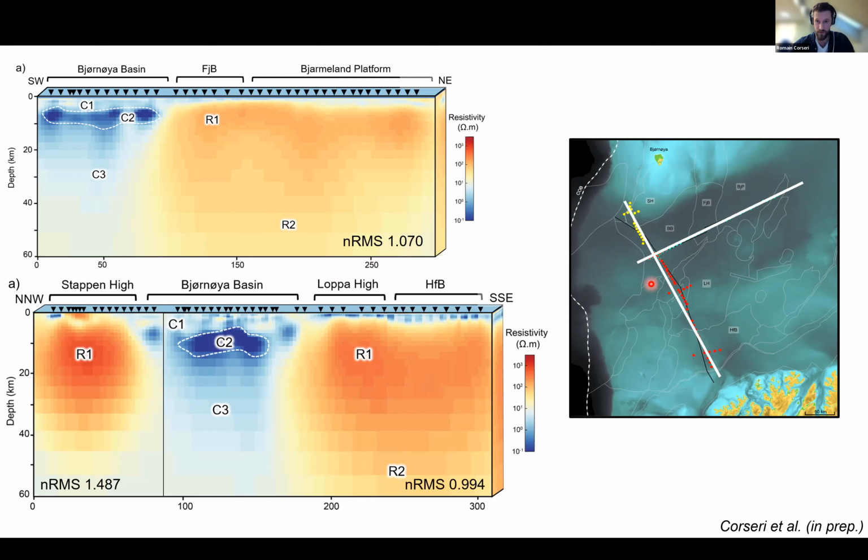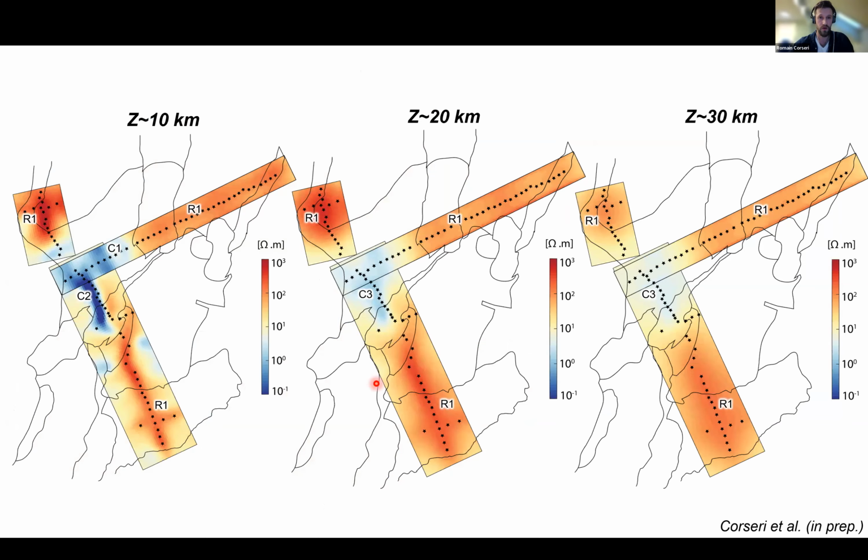And for this part of the model here in the red inversion domain, we reach 0.9, so quite low misfit values. This is a model slice at 10, 20, and 30 kilometers, and you can see that the conductive zone is really well located in the Björnøya basin, the hyperextended rift.